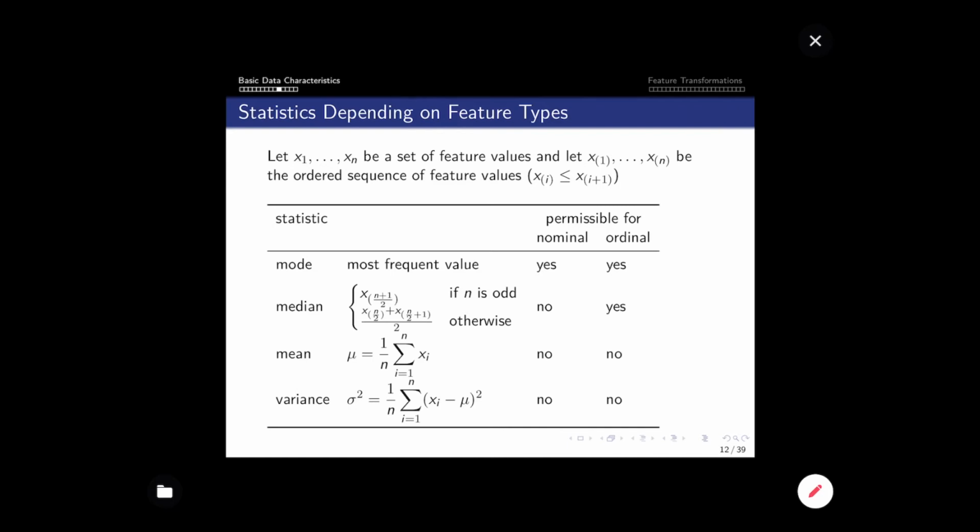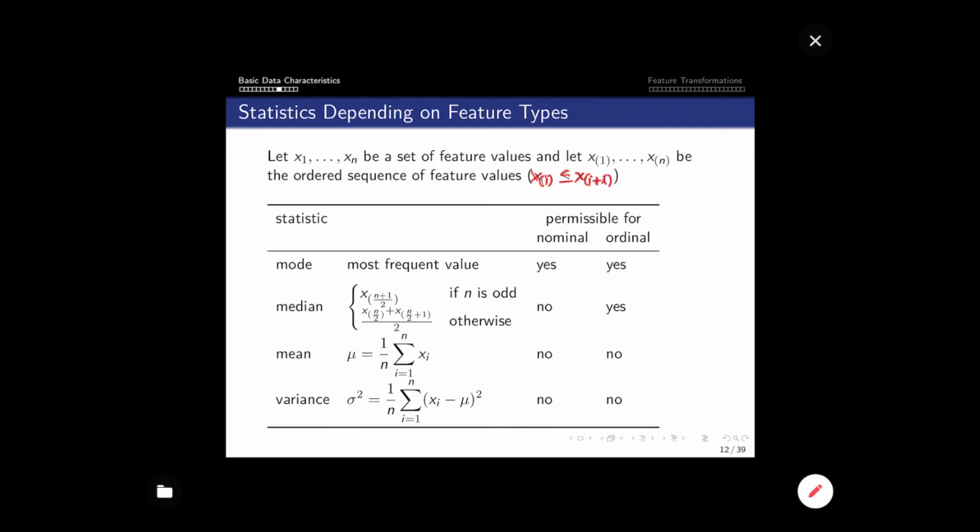For this, we assume here now that we have a sequence of feature values x1 to xn, and we write here with these indices in parentheses the ordered sequence of the feature values. So that means that x(i) is smaller than or equal to x(i+1).